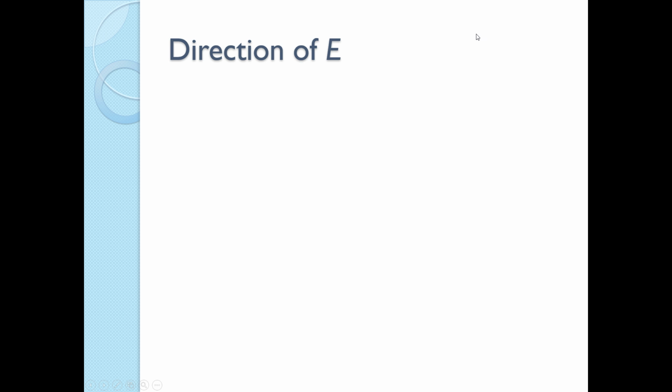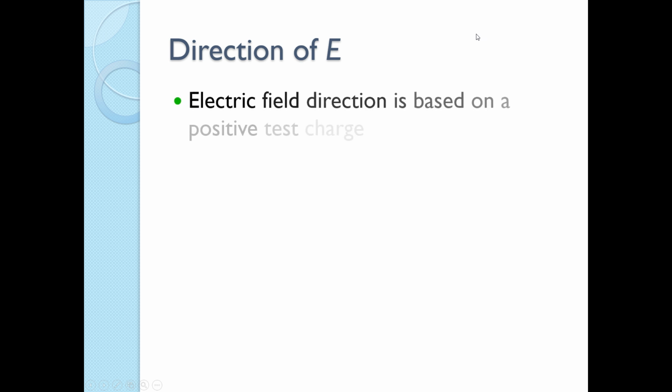All right, so the direction of the electric field is based on a positive test charge. Again, this is incredibly arbitrary. I've never looked into why we decide to define the direction of an electric field this way. That's just what we do. So let's say we have a positive charge.